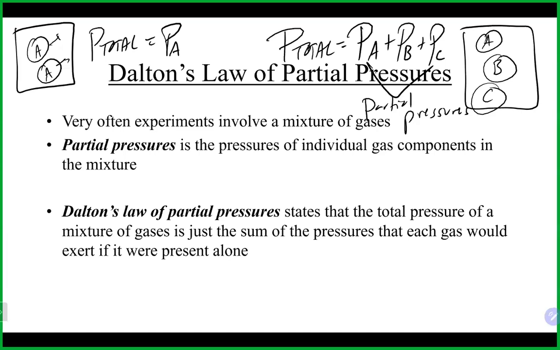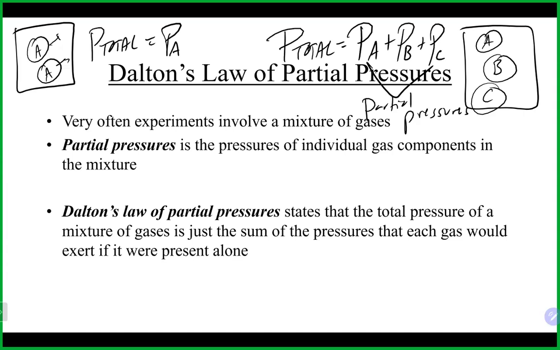Now, one of the nice things about the idea of an ideal gas, one of the things we talked about earlier, is that what makes something an ideal gas is the idea that there are no attraction or repulsion type forces between gas molecules.